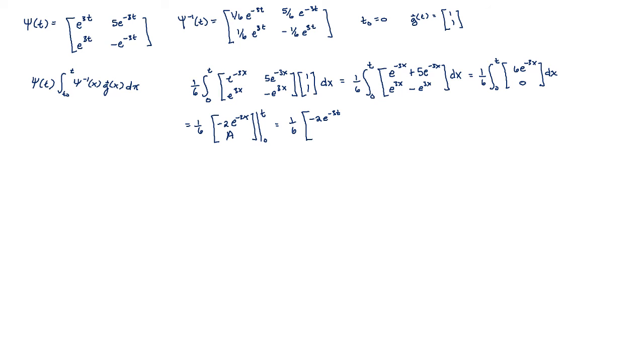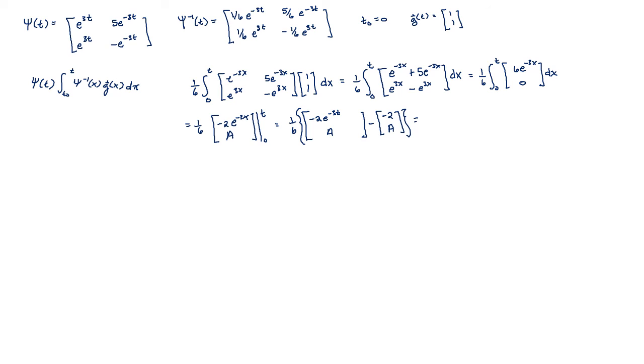So let's go ahead and put some brackets in here. And then down on the bottom part, plugging in 0 for A just gives me back A. And over on the second part, plugging in t for A gives me back A. Plugging in 0 gives me also A, since it's just some constant.